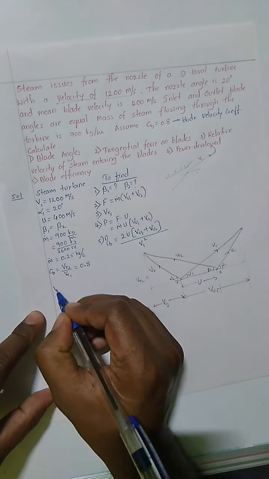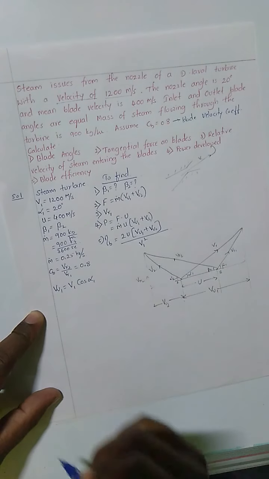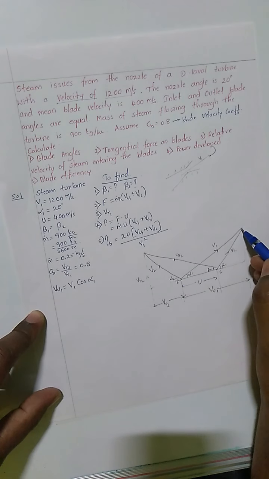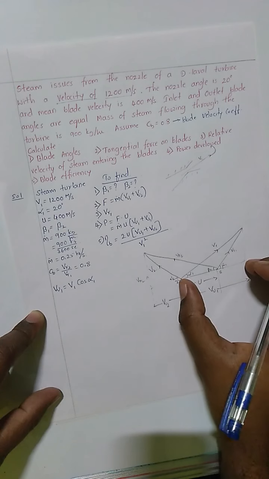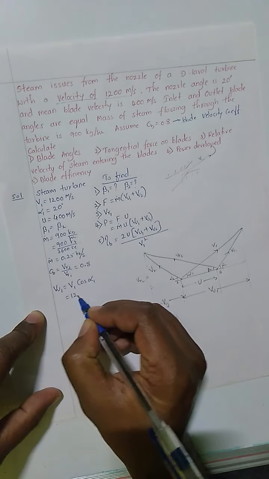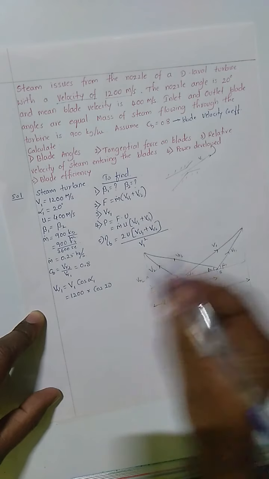What is VU1? If I consider this triangle, VU1 is V1 cos alpha 1. V1 is 1200, so 1200 cos 20 degrees.